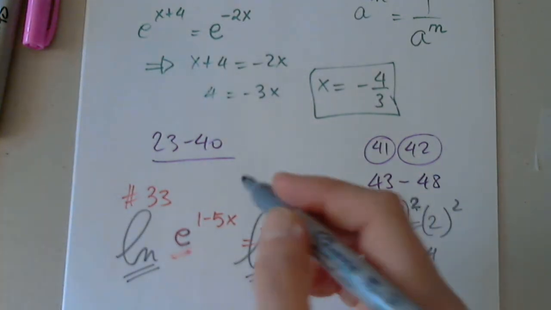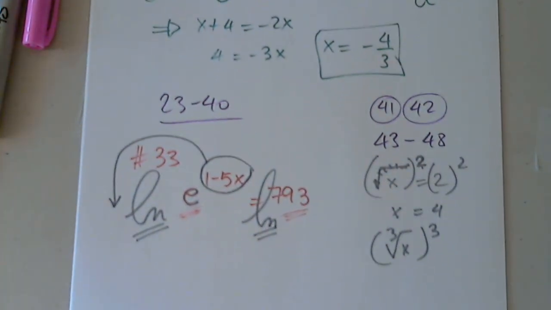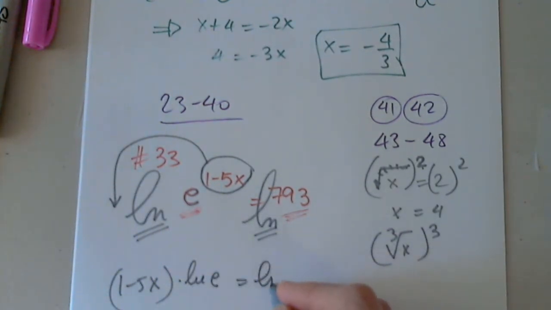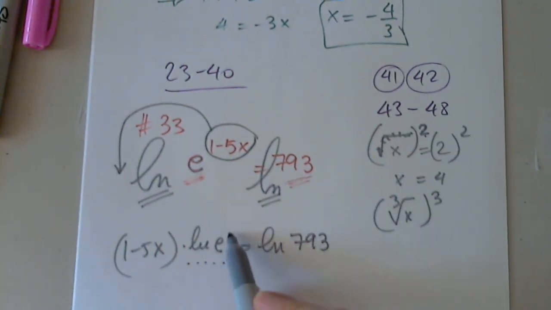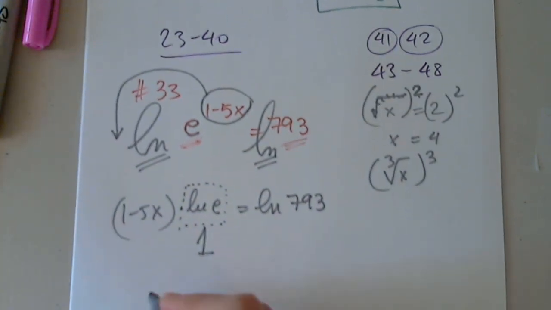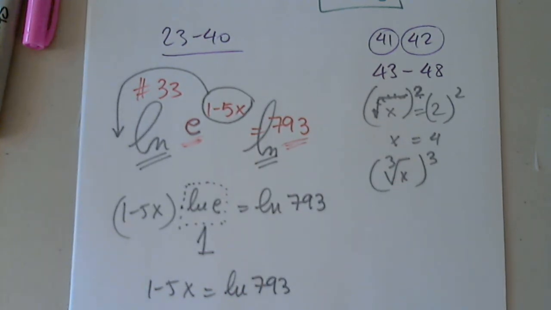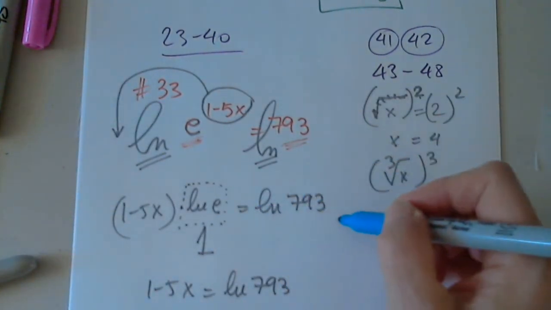And why? Here's why. 1 minus 5x becomes a factor. Now I have natural log e, and the other side is natural log 793. But how much is natural log e? 1. Exactly. So then we have 1 minus 5x equals natural log of 793. It's not done, but I want to say one thing. Please do not ever be afraid of this number. It's just a number.